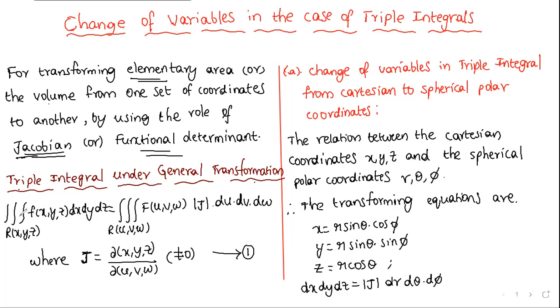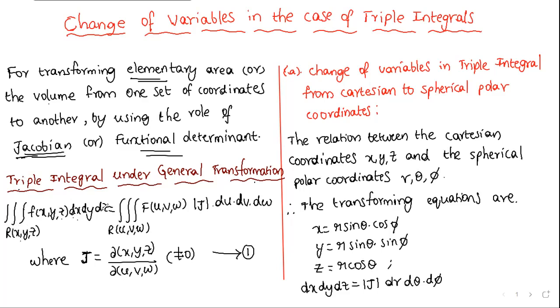We have already seen in many classes the formula: triple integral over R of f of x comma y comma z, where f is the integrand function in three variables, dx dy dz, the order of differentiation.